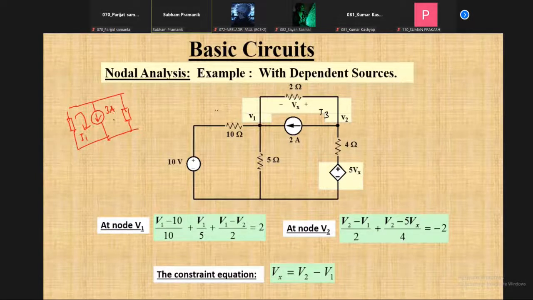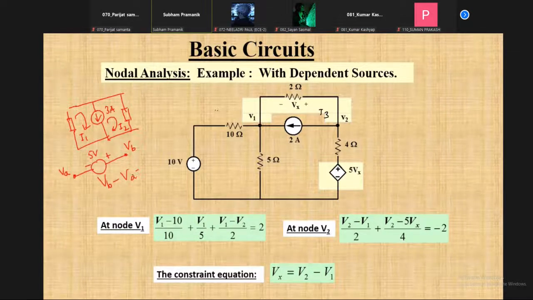Similarly, if you have two non-reference nodes, suppose the voltage here is VA, the voltage here is VB, and this is 5 volt, then the constraint equation is VB minus VA is 5 volt.